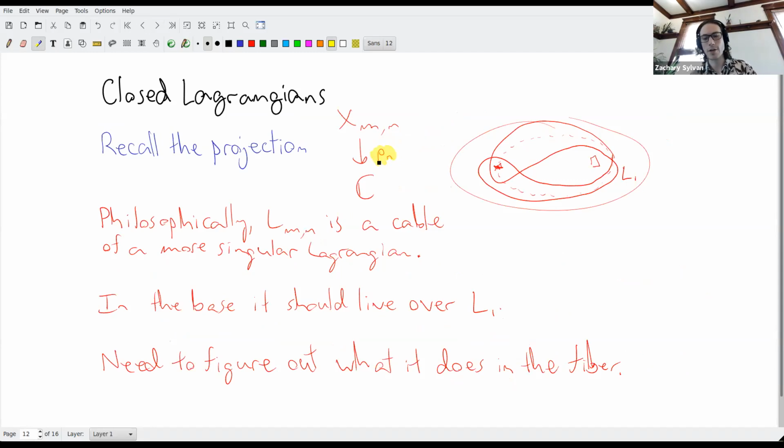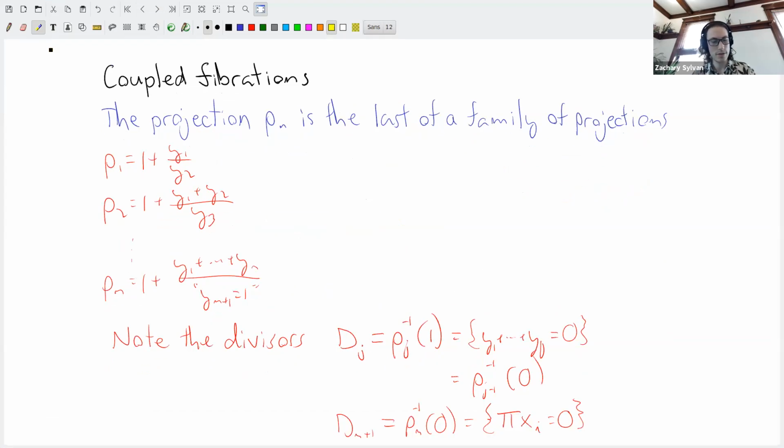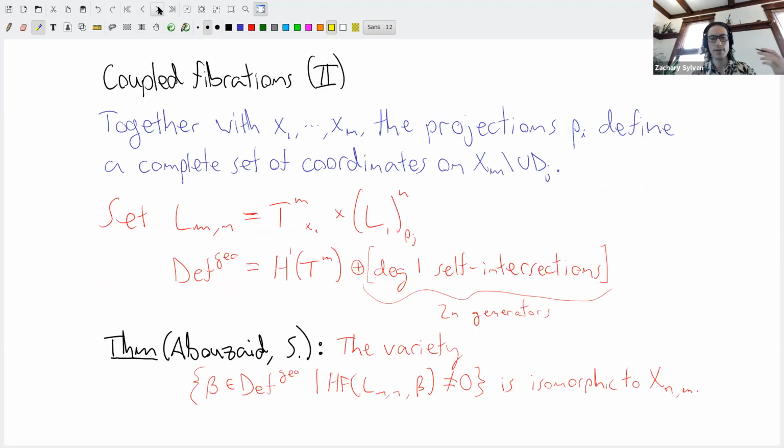Our strategy is to cook up additional coordinates rho I for I less than n, so that together with the coordinates xi, these give a full family. So we have n rho coordinates and we have m x coordinates. These end up giving a complete set of coordinates away from some divisors.